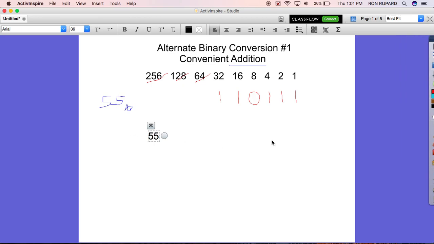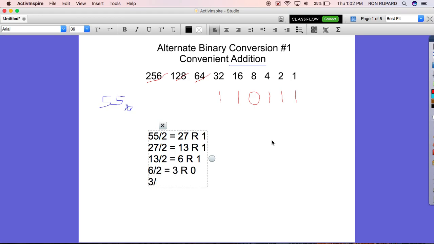Let's do our division method just to check. 55 divided by 2 is 27, with a remainder of 1. 27 divided by 2 is 13, remainder of 1. 13 divided by 2 is 6, remainder of 1. 6 divided by 2 is 3, remainder of 0. 3 divided by 2 is 1, remainder of 1.